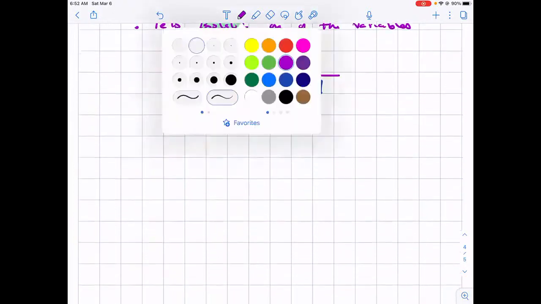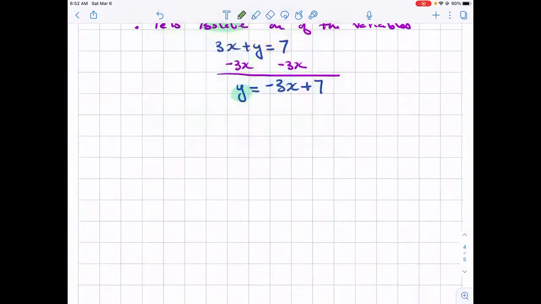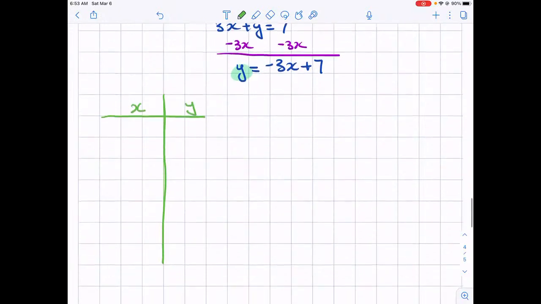To construct a table, we'll create a table of values. This is x, that's y. And we randomly choose some values.